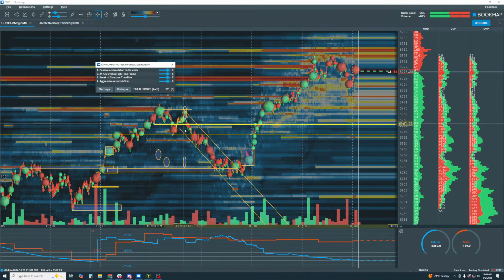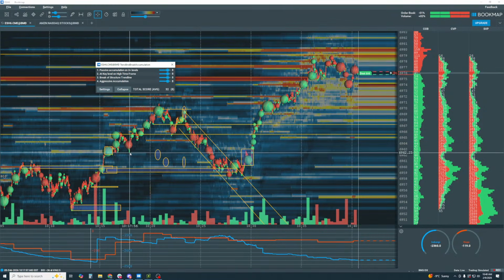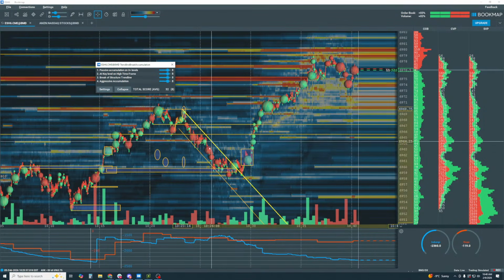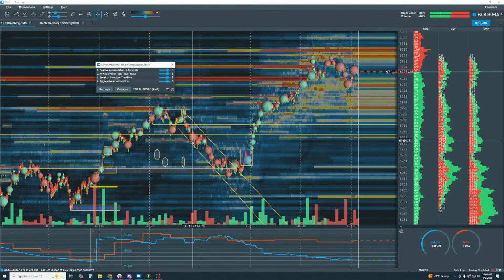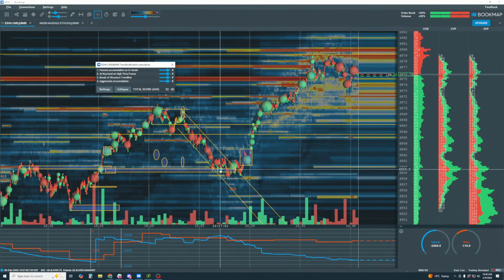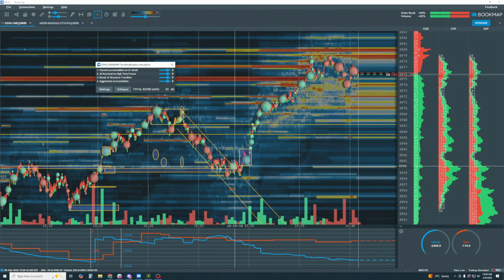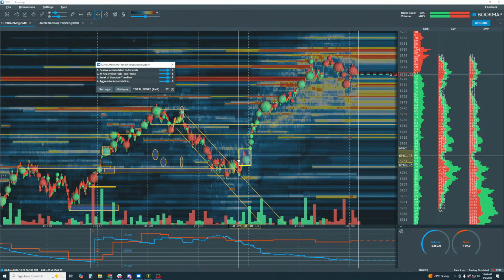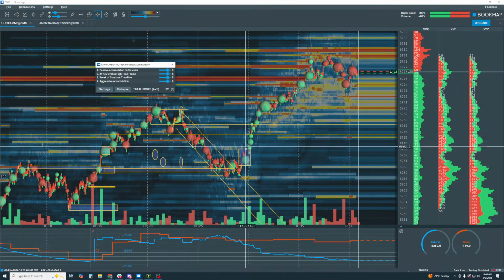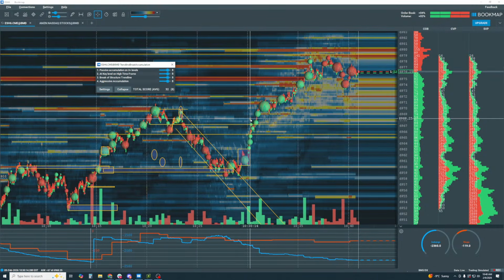We're looking for this pullback, and it kept on pulling back. So that was kind of surprising. I thought maybe this one here would do it, and then we'd see this move back up. Now we came back down further, and we see some of that passive accumulation, and then that aggressive accumulation a little bit before, but certainly after they broke the structure, and that's when we're looking for the move.